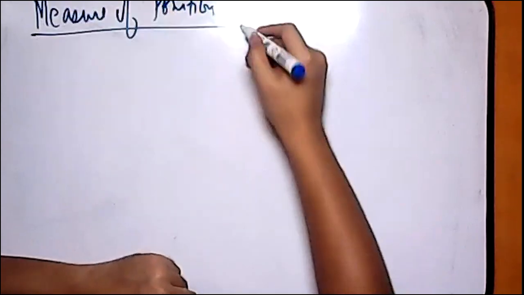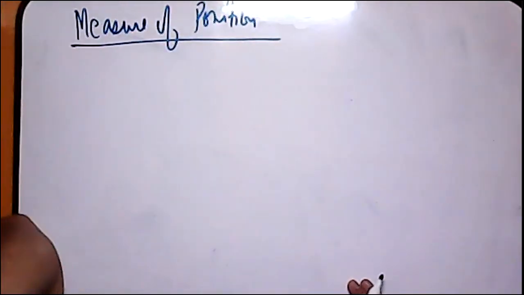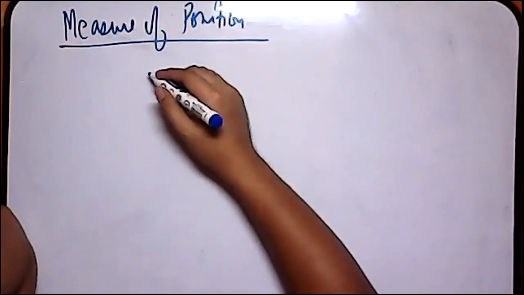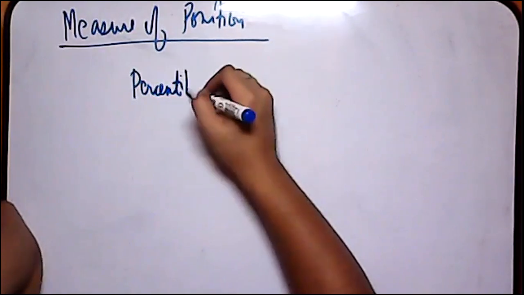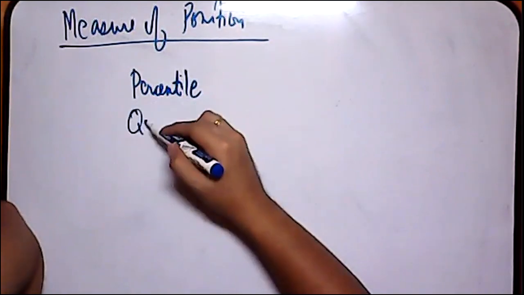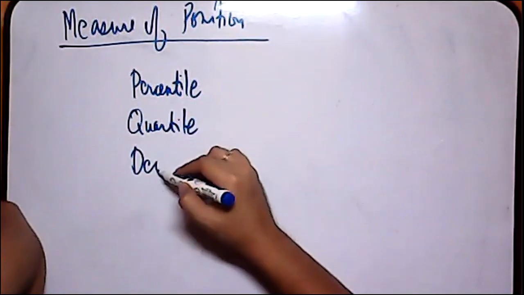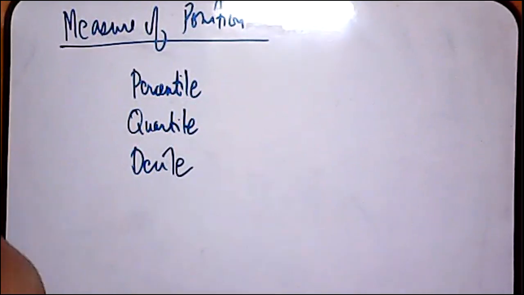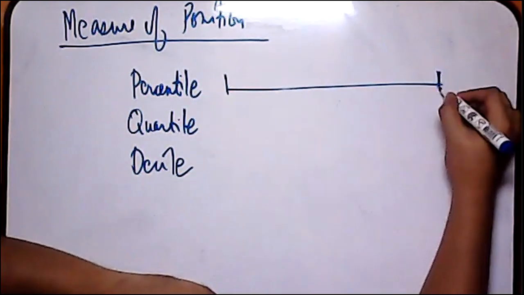In your module, you have encountered there 3 types of measure of position: percentile, the quartile, and we have decile. Right? So, sa percentile, kinahati natin yung data set natin into 100 equal parts.